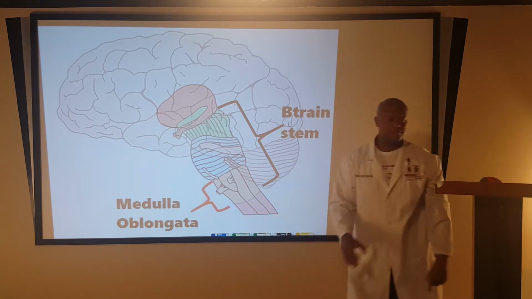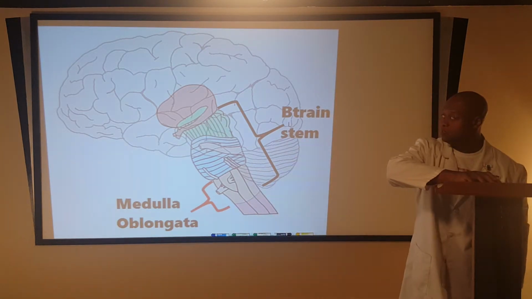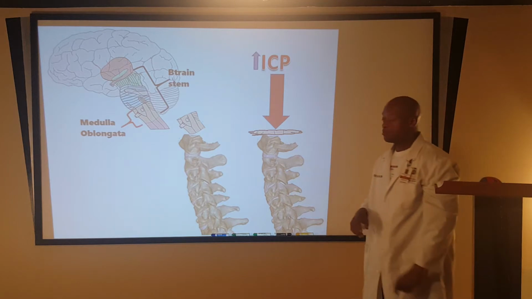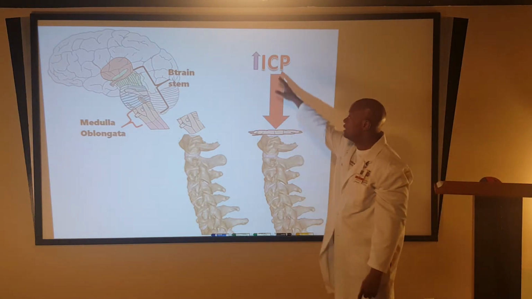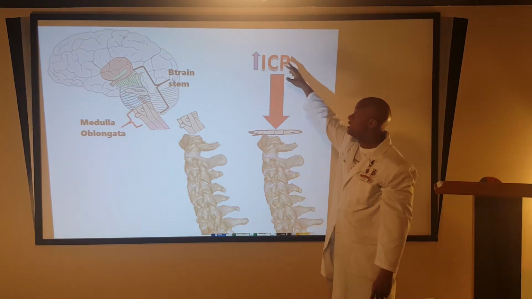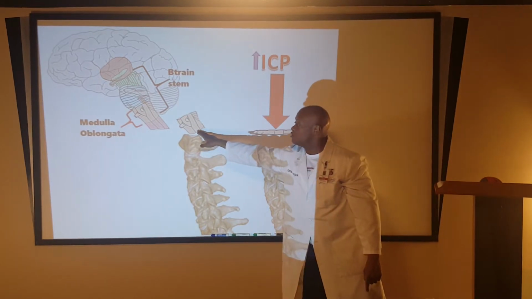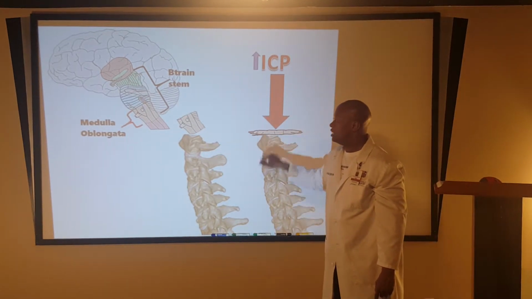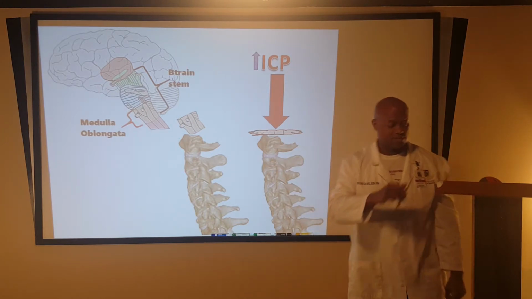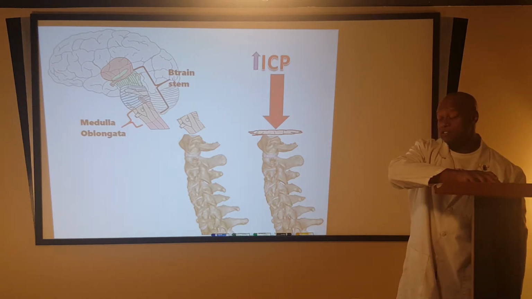The medulla. So, as we demonstrate that, it's critical that we control intracranial pressure and not allow it to increase and cause damage to the medulla and have it smashed or damaged, right? Okay, because then what happens?